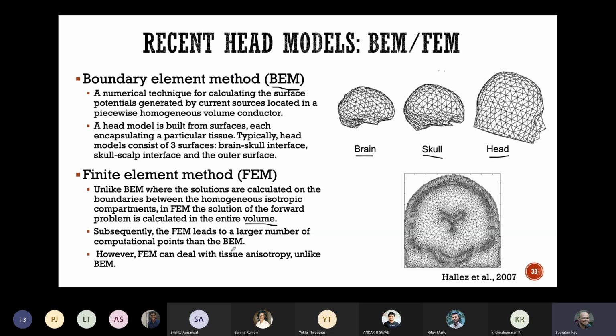So the FEM is numerically even harder to solve, but it can deal with tissue anisotropy because you are looking at it as a volume, not as a sheet. Here you can't have anisotropy, but you will be able to deal with the fact that these three have different conductances, but not that the conductance itself varies depending on which direction you are looking.